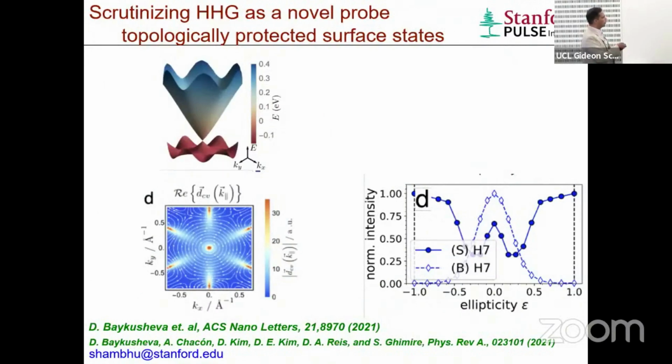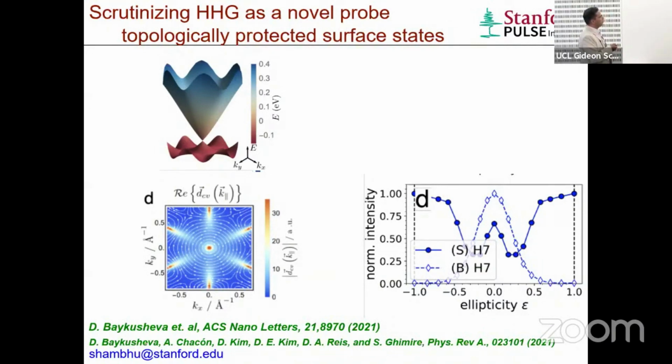But let me first show you what we think could be the robust signal of the topological states. Not really just the observation of these even order harmonics, because even in broken inversion symmetric systems, if the surface has broken inversion symmetry, it may not have the non-trivial topology, but you still produce the even order harmonics. So that's not the signature. So what could be the signature is this.